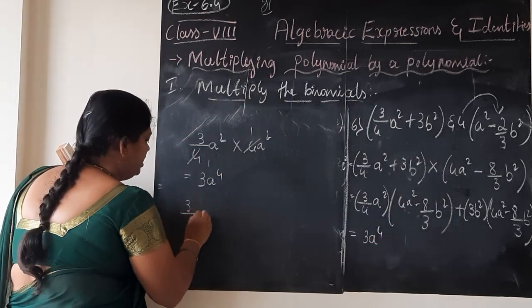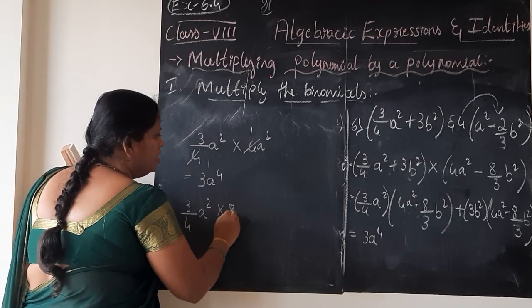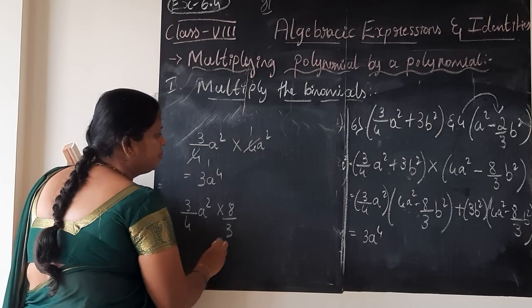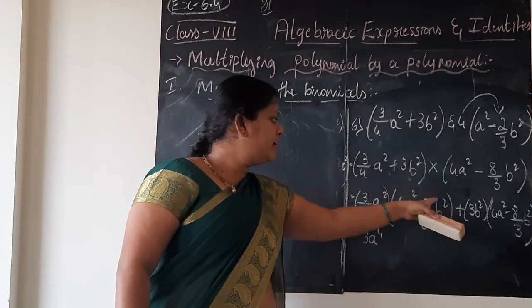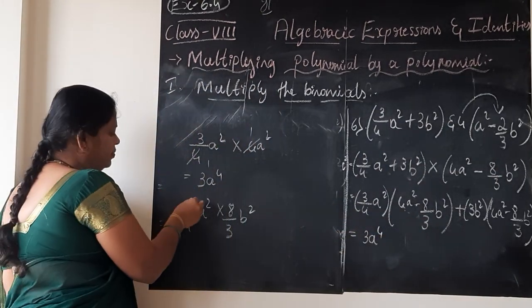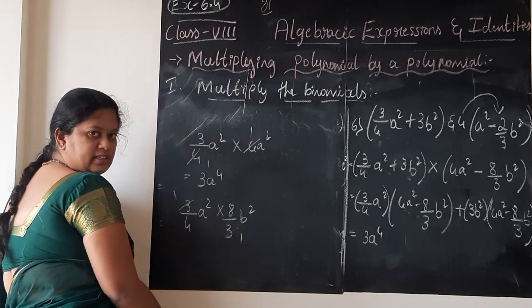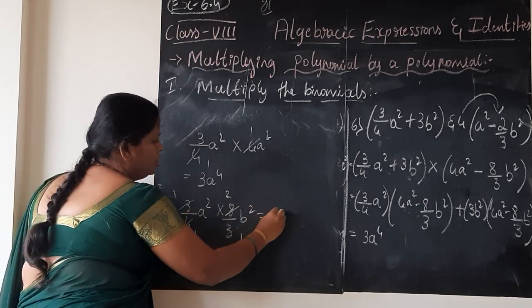Next again, (3/4)a square into (8/3)b square. Now we need to multiply (3/4)a square into (8/3)b square. When you are doing that, see here, 3 ones are 3 ones are, 4 ones are 4, twos are, 1 into 2, 2.